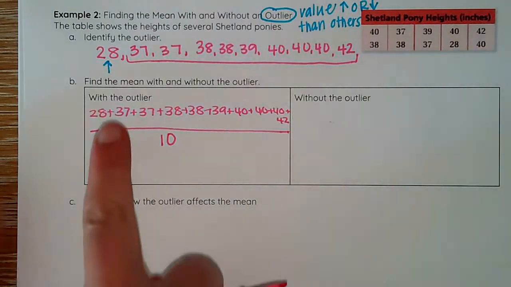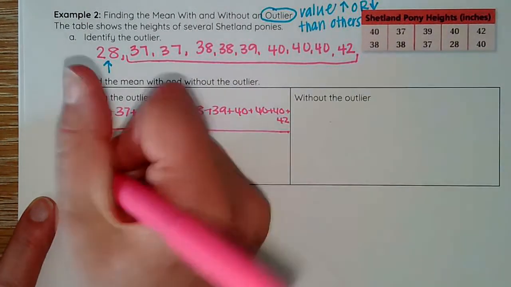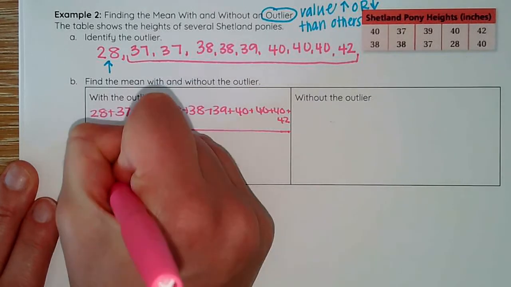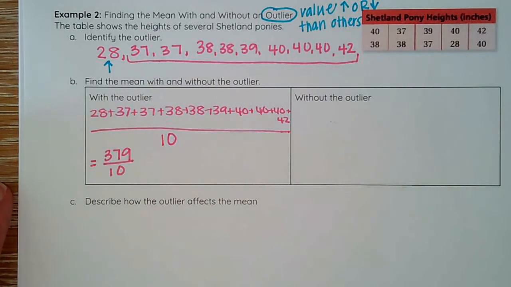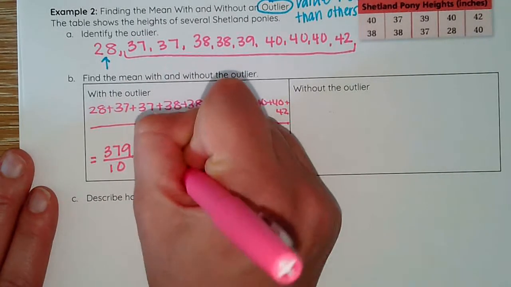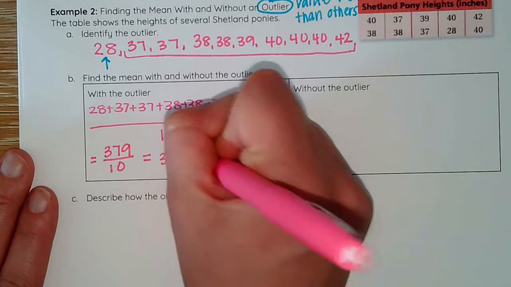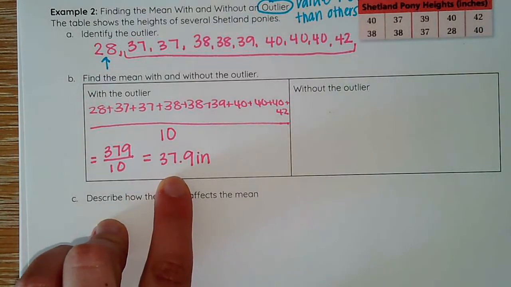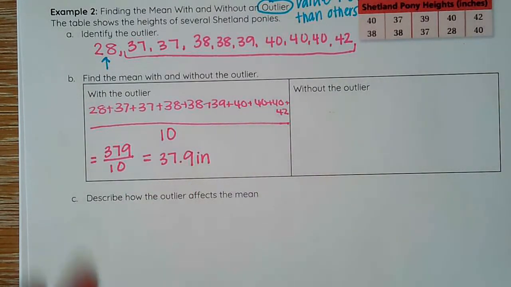So I get out my calculator, I find the sum of these, getting me 379 divided by 10. When I find that mean, I get 37 and 9/10 inches as my mean. Now remember that our mean should be representing the center of our data. So the mean is telling me 37 and 9/10 inches.